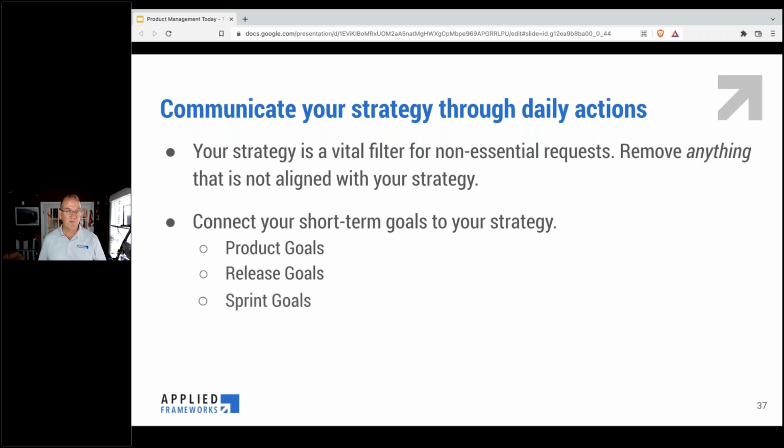Similarly, when you think about sprint goals, going back to Scrum, every sprint we can think about how this particular outcome of the sprint, the reason we're doing this work, connects to the strategy. So there's almost a cascading relationship from strategic goals to release goals to sprint goals.